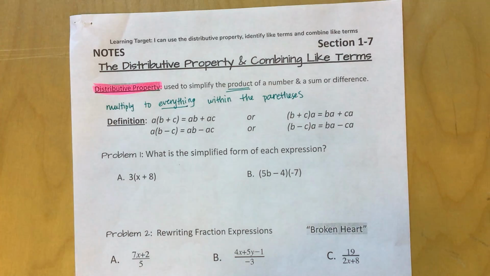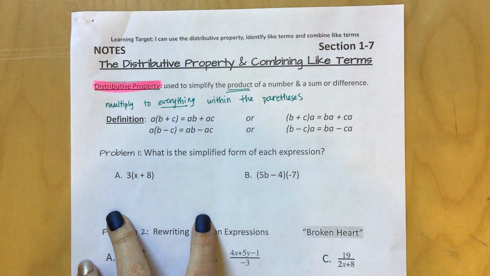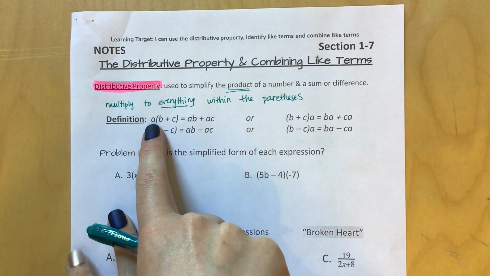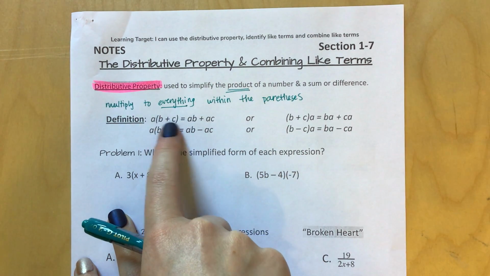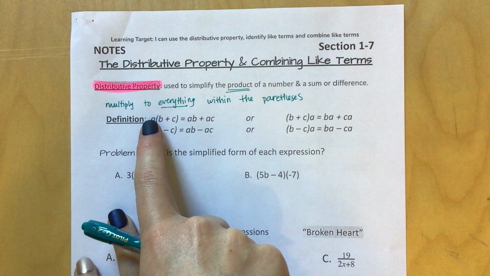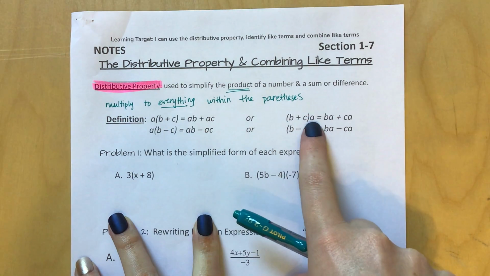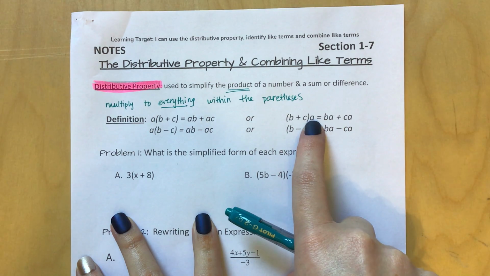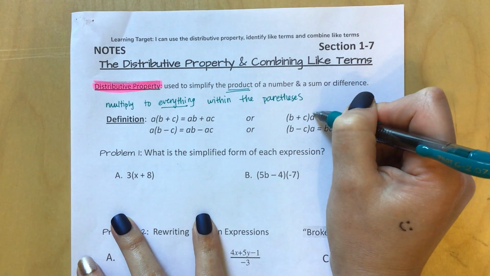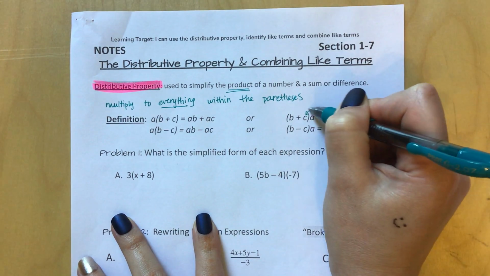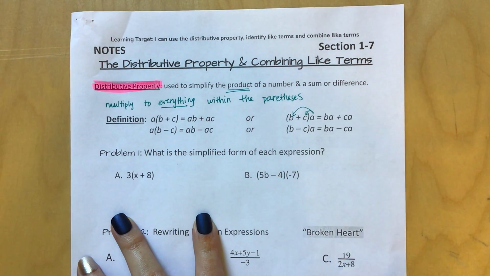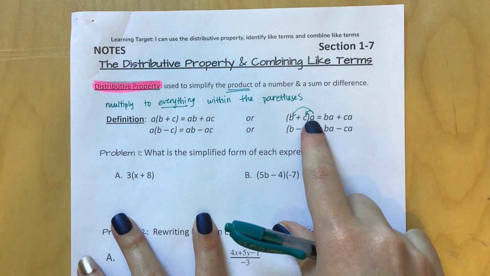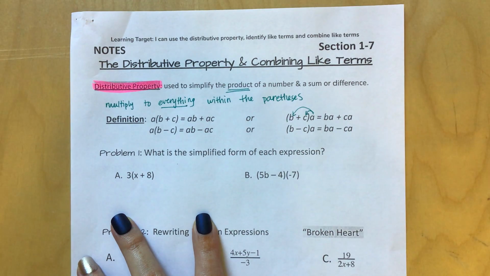Now, when we are solving stuff like this, it can be written a lot of different ways. So here we have a number multiplied by two things that are added together, and it's in the front. Over here, though, that number is written in the back. It's still the same thing. We take this A and we multiply it by the C and we multiply it by the B, getting us B times A and C times A, which is over here.